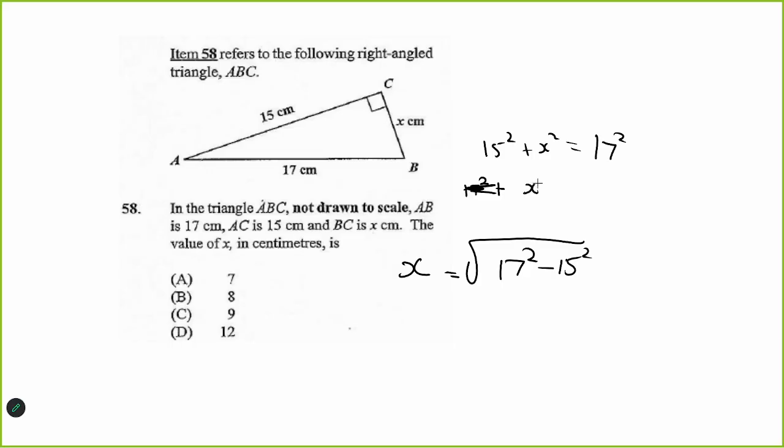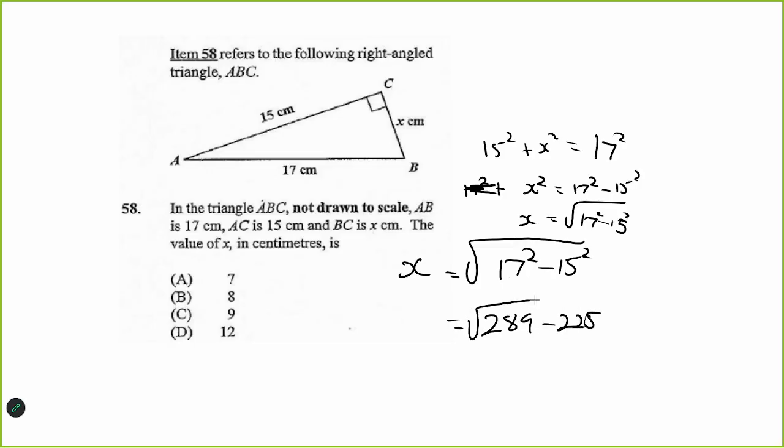So therefore x squared would be 17 squared minus 15 squared. There's 289 minus 225, which is equal to 64. The square root of 64 is 8, so 8 is the answer.